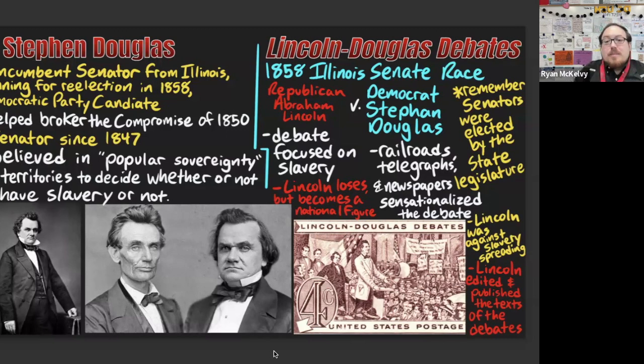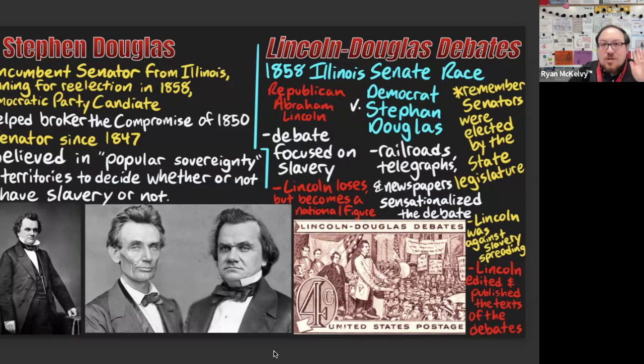And so, with the Compromise of 1850, on top of the Fugitive Slave Act, on top of taking all of Texas's debt, and all this other stuff that they had done to appease the slave states, it also undid the Missouri Compromise, which said you can't have any slaves above this line, and said that instead you should be able to vote on whether or not you're going to have slaves.